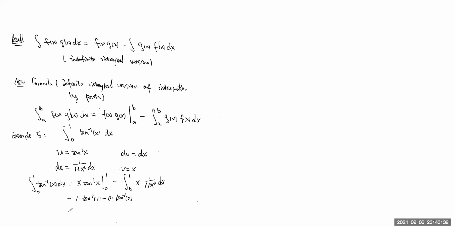So we get, what's this? Tangent inverse 1 is pi over 4. So this is pi over 4 minus the integral from 0 to 1 of x over 1 plus x squared dx, right?